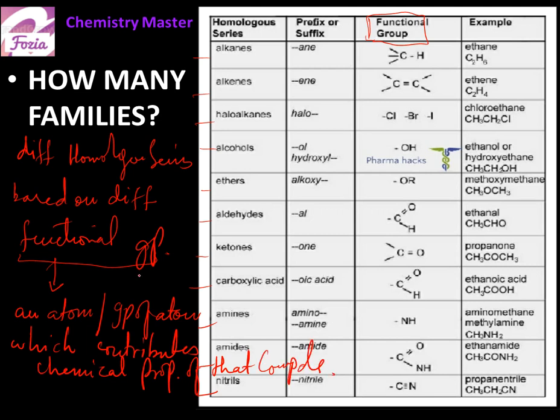So what is that atom? Why is this atom or group of atoms special? Why is it assigning or contributing or giving the chemical properties? Because of its reactivity. Reactivity means that it is very functional, that it works for the compound, that it reacts for the compound.